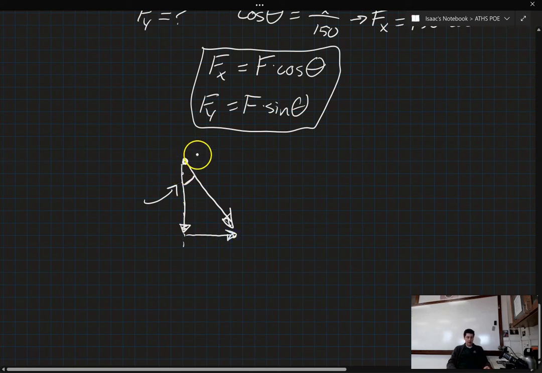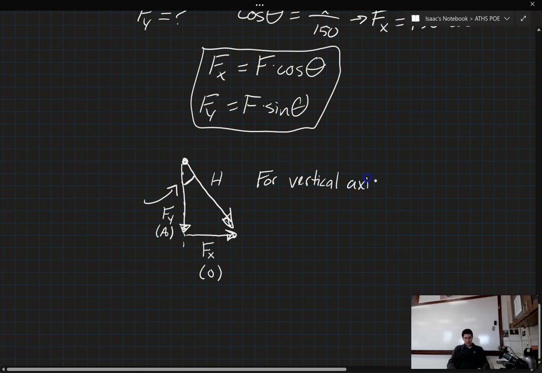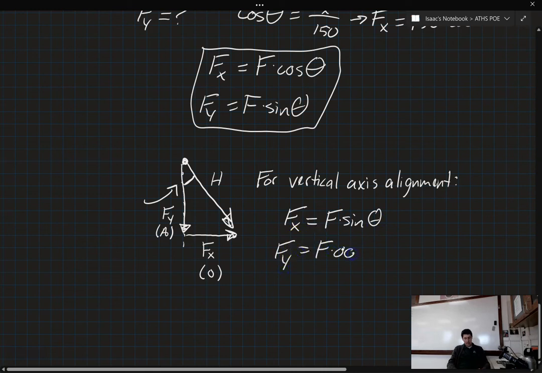Well, looking at this triangle, if this is my top angle, then the x force is actually my opposite side, and the y force is actually the adjacent now, and the hypotenuse is still the force itself. What that means is that for vertical axis alignment, Fx is actually equal to force times the sine of theta, and Fy is F times the cosine of theta.